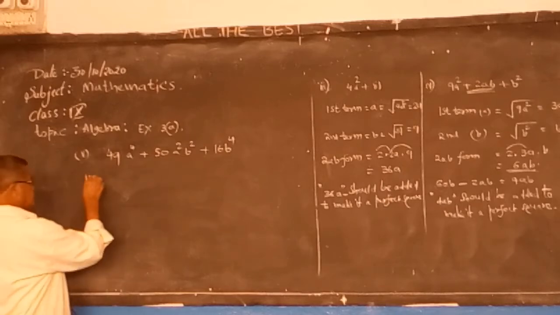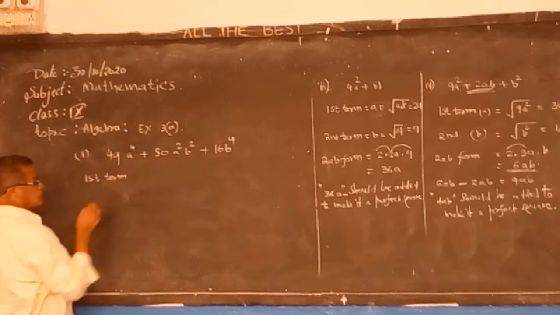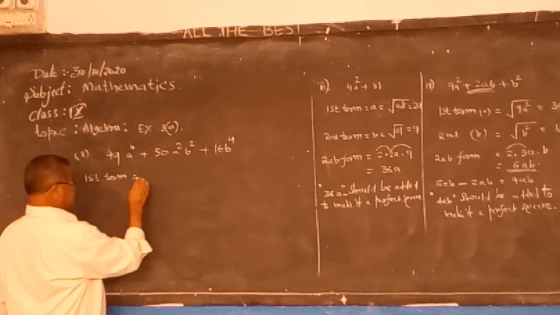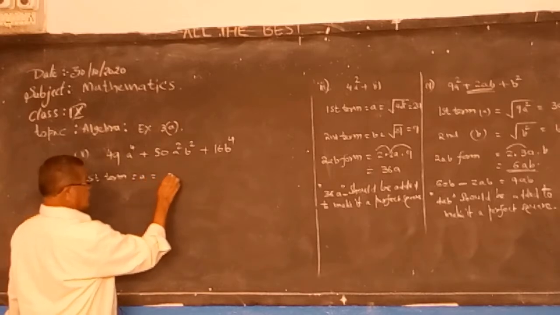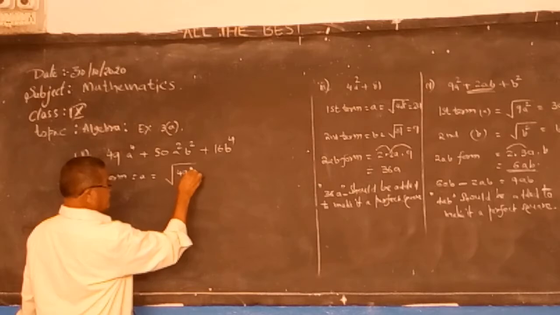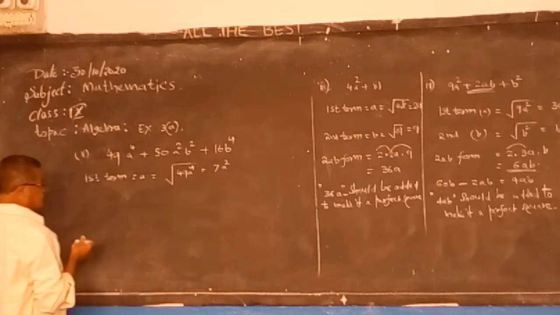So first term a is equal to the square root of 49a power 4. For 49, 7, for a power 4, a squared.